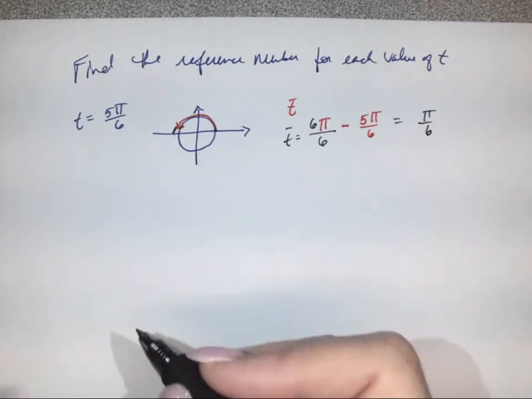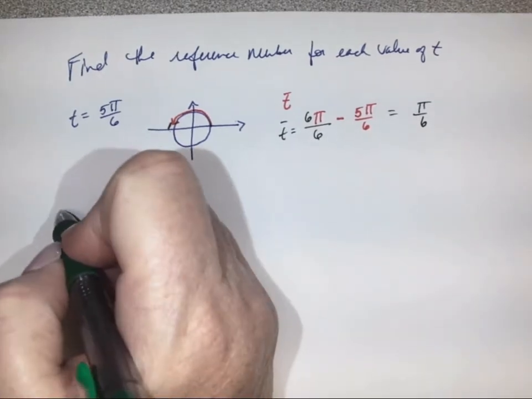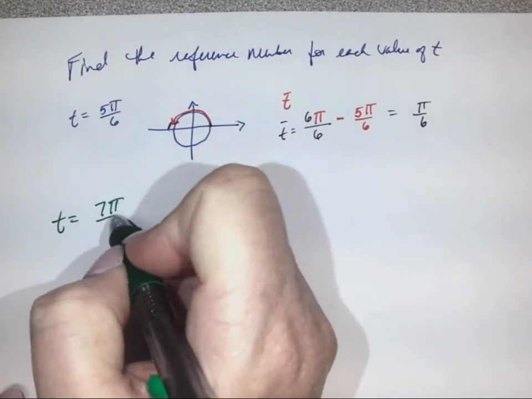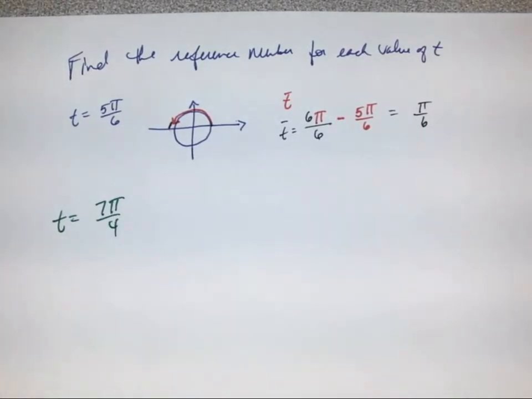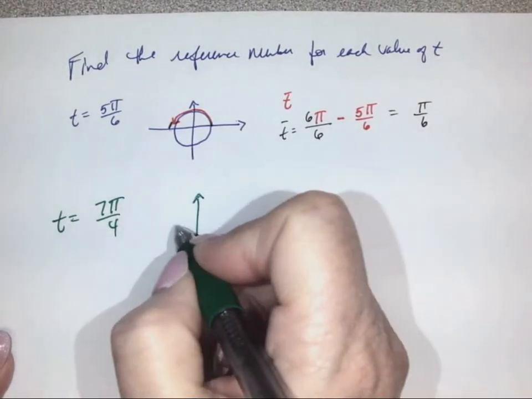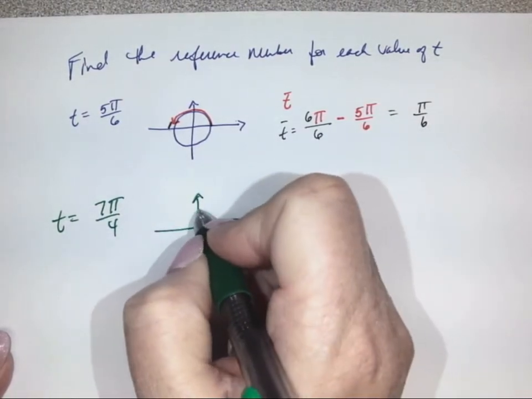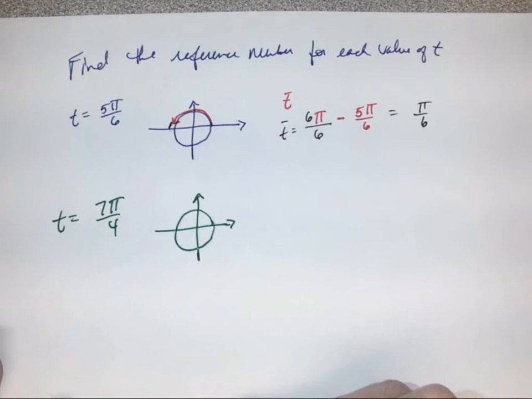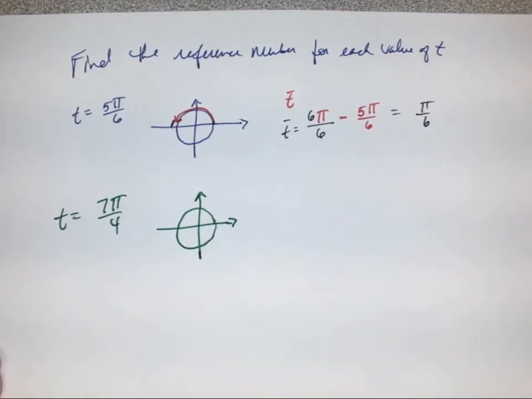All right, let's look at t is equal to 7 pi over 4. So if we're looking at 7 pi over 4, drawing around our unit circle. So 7 pi over 4, let's figure out where that's at.